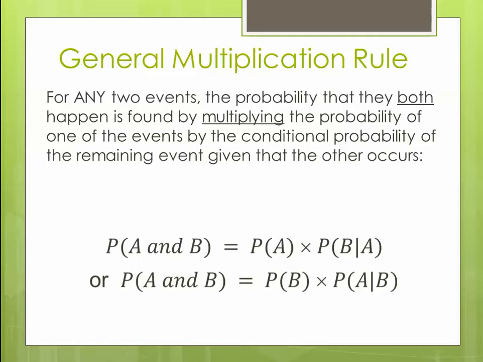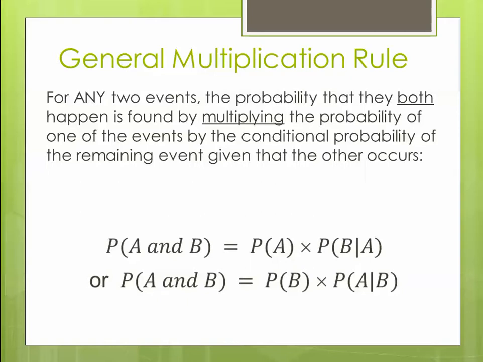So the probability of A and B, you can figure it by either the probability of A times the probability of B given A, or the probability of B times the probability of A given B.